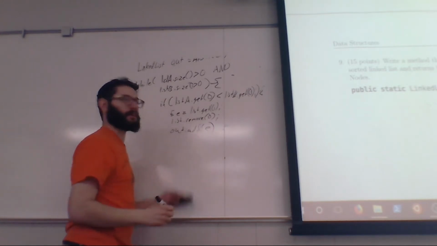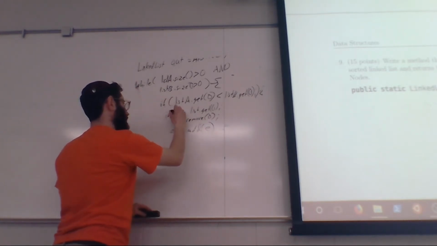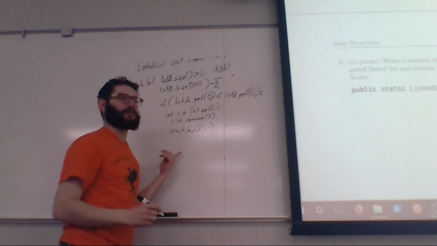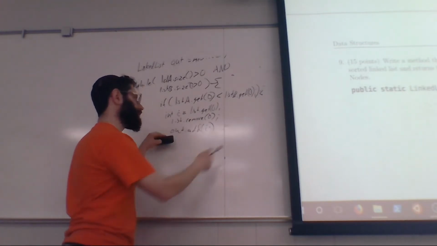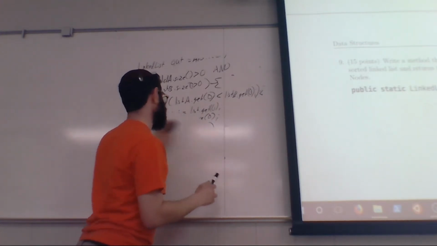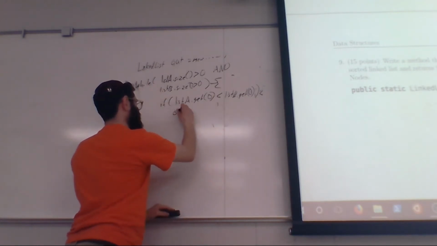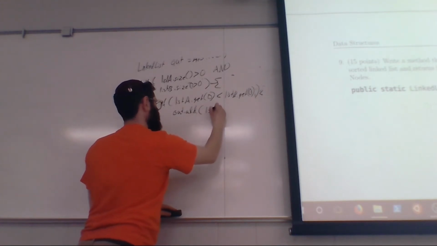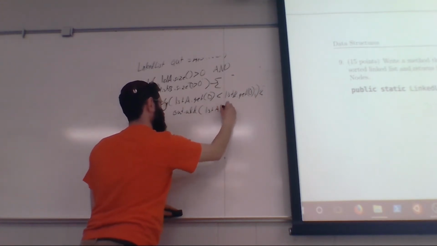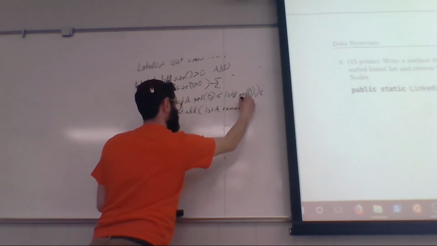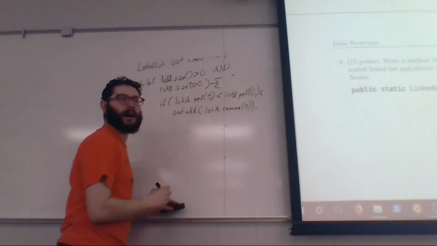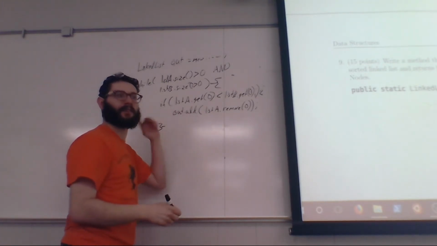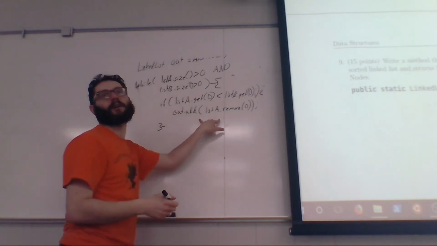Technically it's an integer, so I can put int i. But you can actually do that in one line, because remove returns the value that you're removing. So I can just do out dot add list A dot remove index 0, which again is constant time. Removing is constant time, and adding to the end of the list is constant time. Those are just two constant time calls.